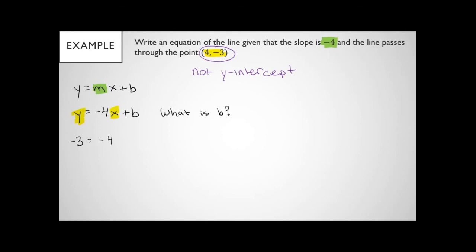And then I have -4 times x, and the x is the first value, so that's times 4. And then we have plus b. So now you see we have one variable and we can solve for b. I'm going to start by multiplying -4 times 4. So I have -3 equals -16 plus b. Now I'm solving for b, so I want to add 16 to both sides.